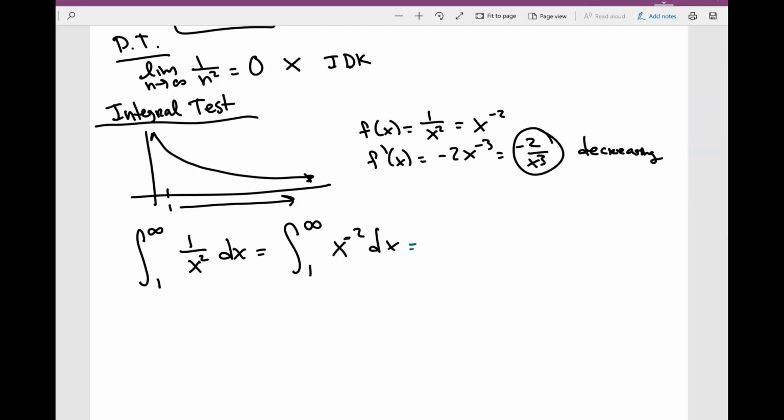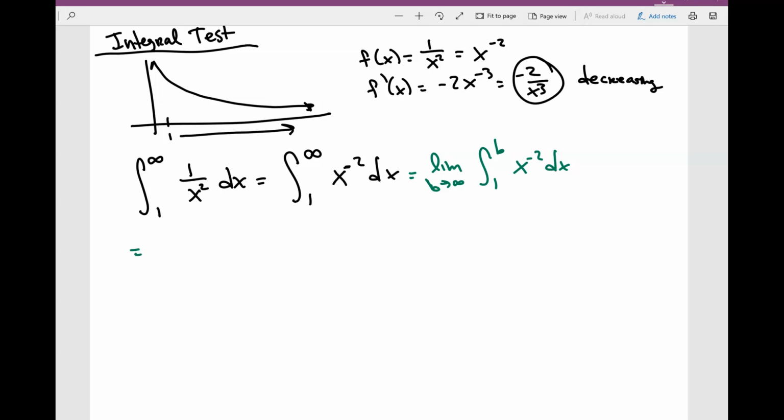So I'm going to write the limit as b goes to infinity of the integral from 1 to b of x to the negative 2 dx. So this is going to give me the limit as b goes to infinity of x to the negative 1 divided by negative 1, from 1 to b, if I add a 1 to the exponent.